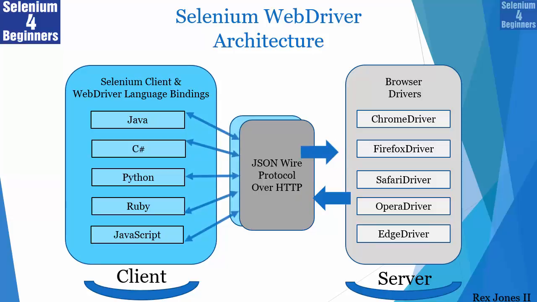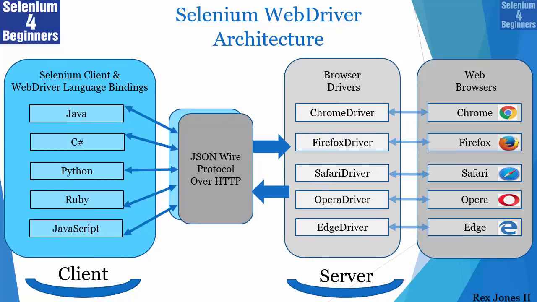Chrome driver, Firefox driver, Safari driver, Opera driver, and Edge driver all have their own HTTP server. Finally, we have our last component, which is the web browsers. All Selenium commands are performed on the web browser.